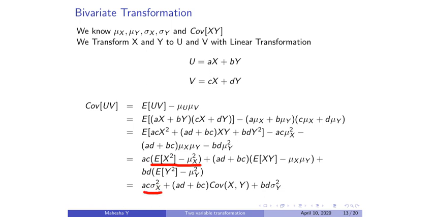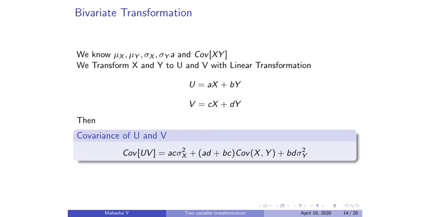So ac sigma x square. Now E of xy minus mu x mu y is nothing but covariance of xy, and expectation of y square minus mu y whole square is nothing but sigma y square. So substituting all these, ac sigma x square plus ad plus bc into covariance of xy plus bd into sigma y square. So this is what we get.